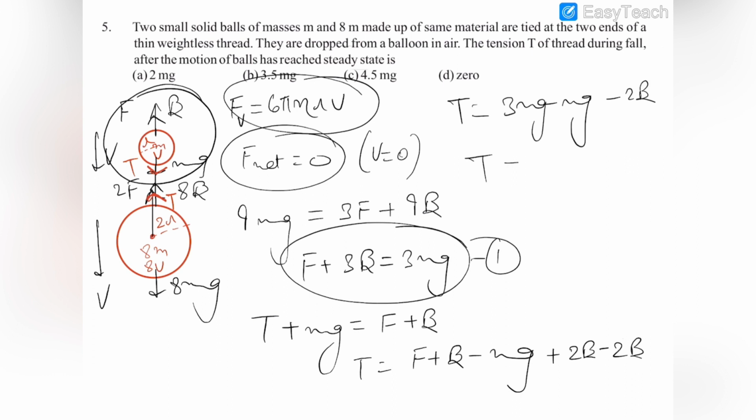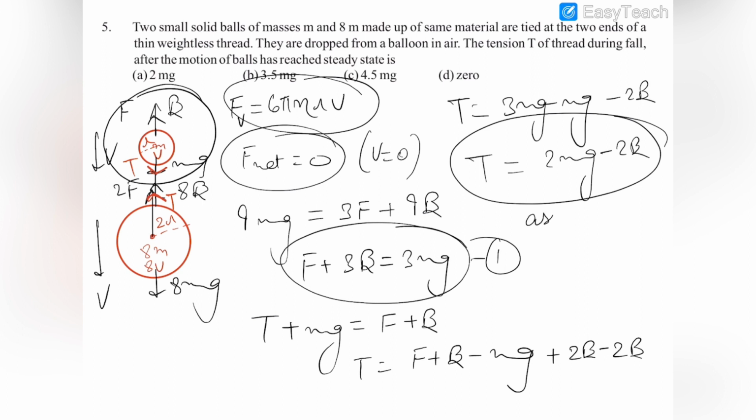So T will be equal to 2 mg minus twice of buoyancy. Now you can see that there is no option which is matching with this one. So we have to assume that buoyancy is 0. So assuming that buoyancy is 0, tension we can say would be 2 mg. So the correct option will be option number A.